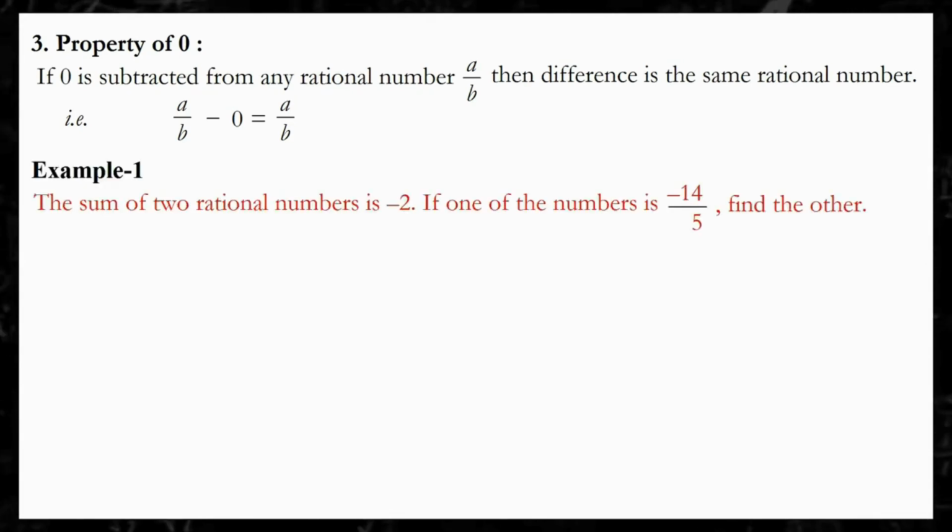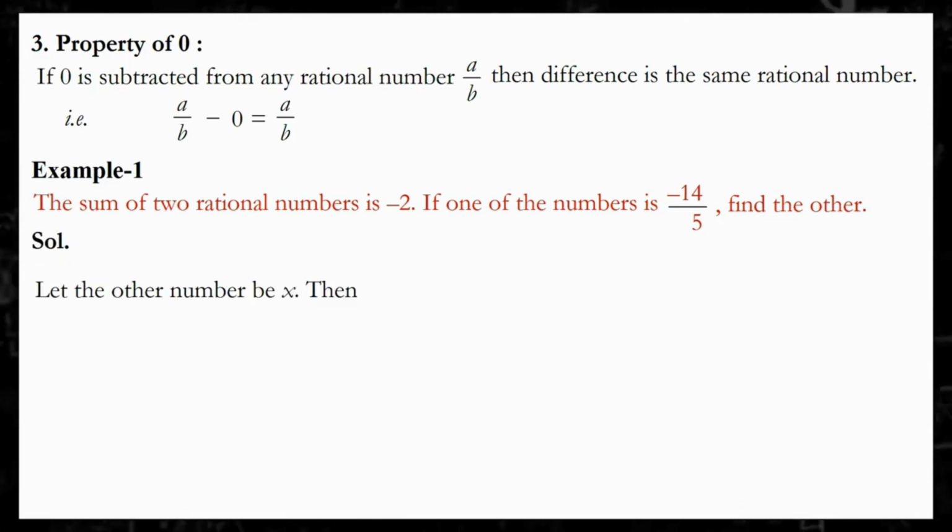Example 1. The sum of two rational numbers is minus 2. If one of the numbers is minus 14/5, find the other. Solution. Let the other number be x.